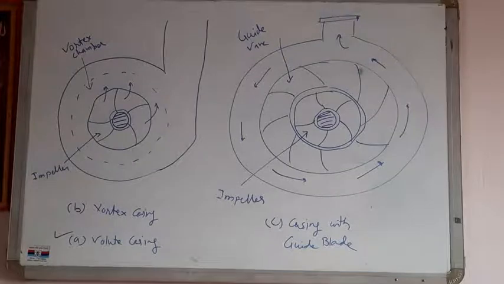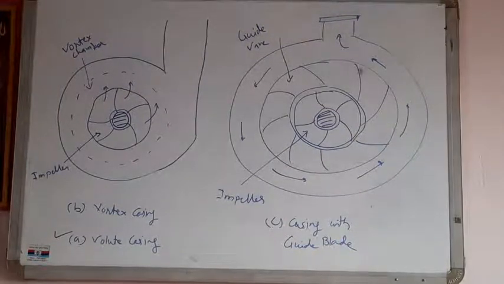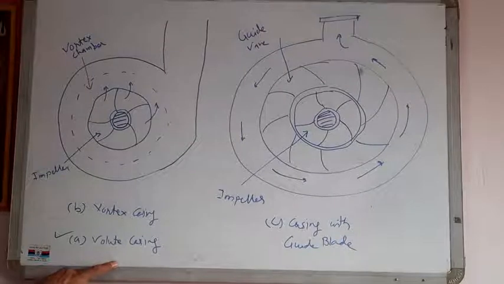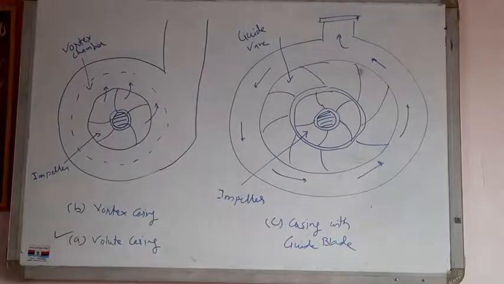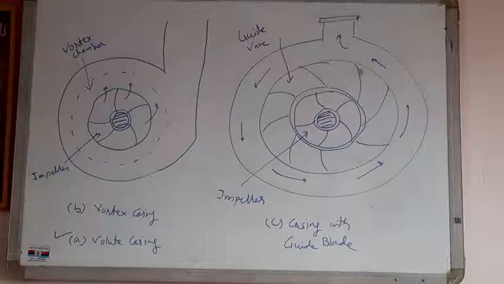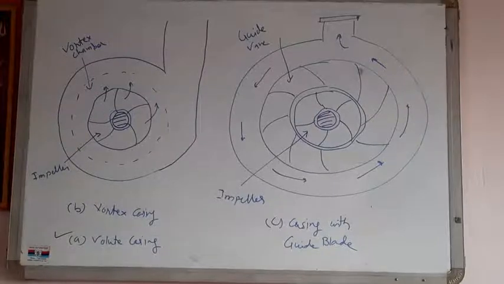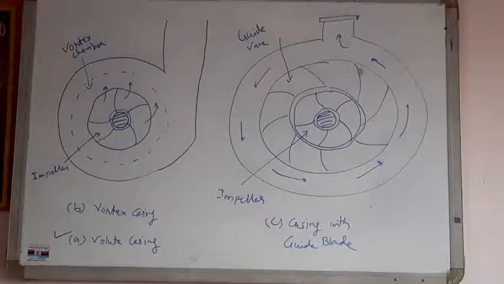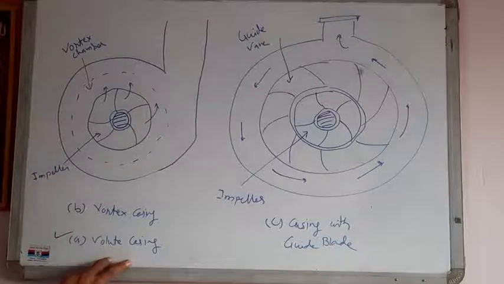The decrease in velocity increases the pressure of water flowing through the casing. It has been observed that in case of volute casing, the efficiency of the pump decreases slightly, as a large amount of energy is lost due to formation of eddies in this type of casing.